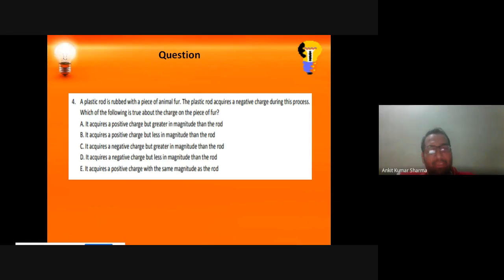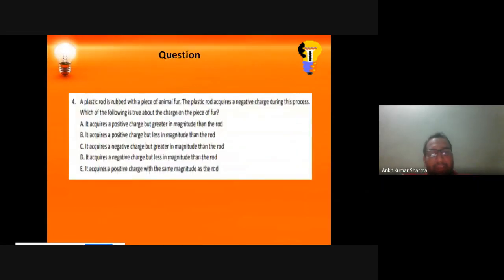Option D: it acquires a negative charge but less in magnitude than the rod. And option E: it acquires a positive charge with the same magnitude as the rod. Think about it. The answer is E.